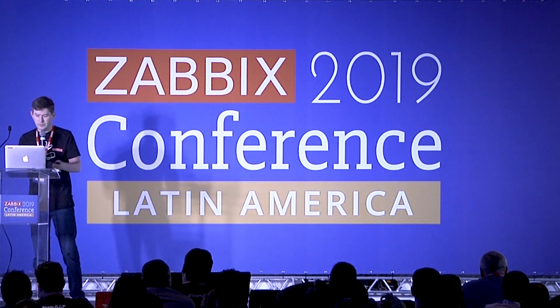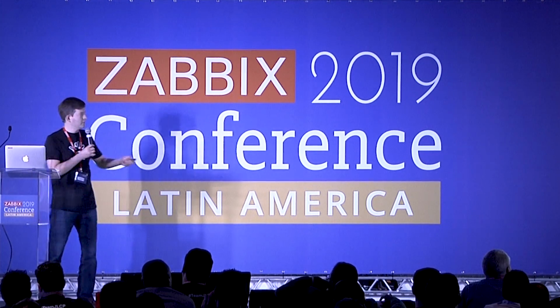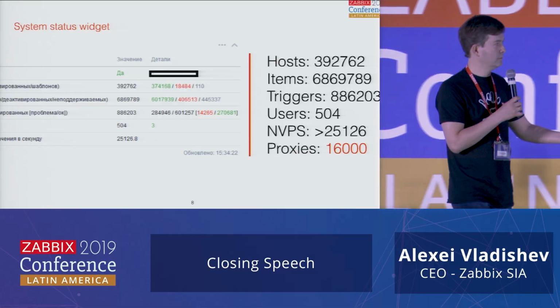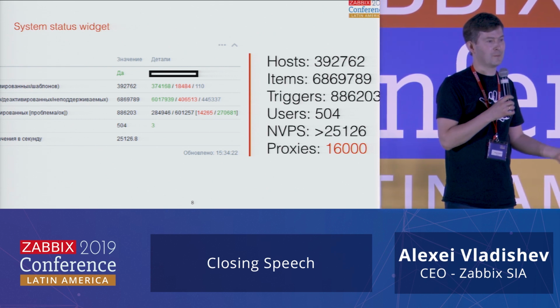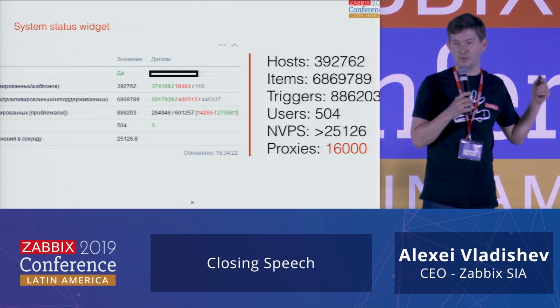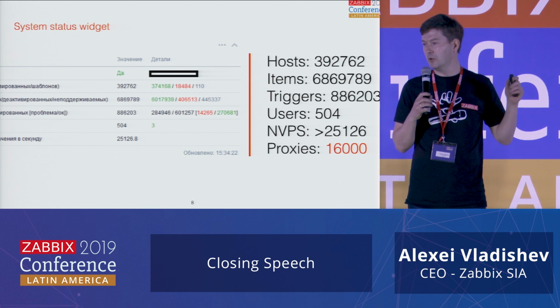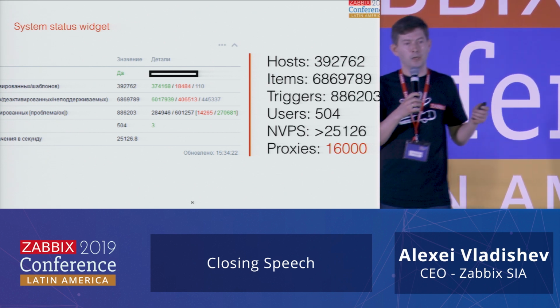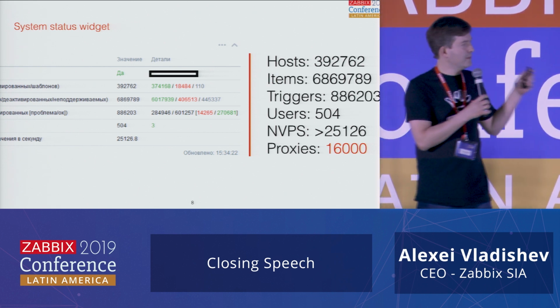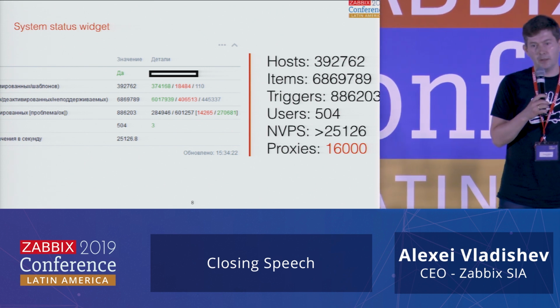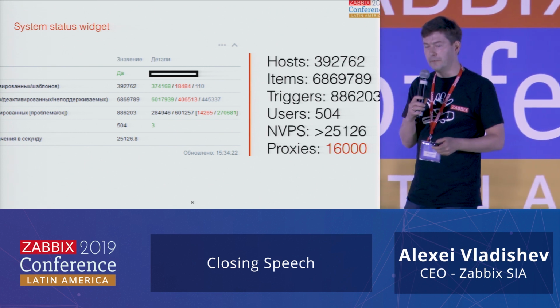So actually, this is the number of proxies. This is quite impressive. It's all connected to a single Zabbix server. And this company is not an energy company. It's not a finance company.